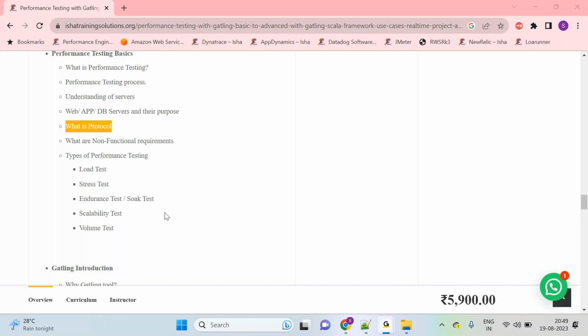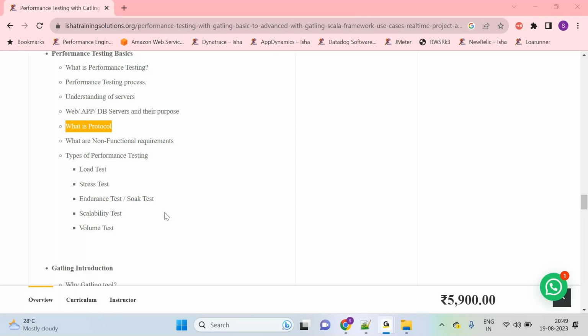Between the browser and the server, the communication is the HTTP protocol. So communication between two entities is what is called a protocol. Protocols like HTTP, FTP, or any other communication that you try to make between two entities.